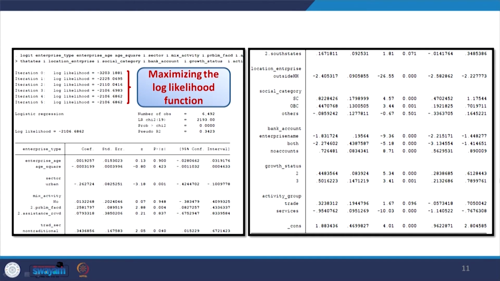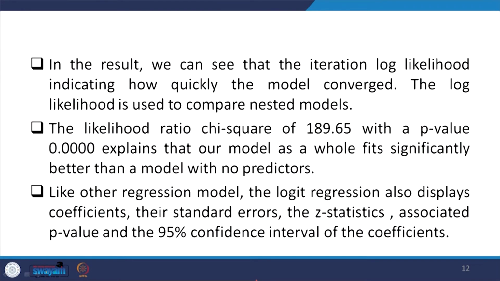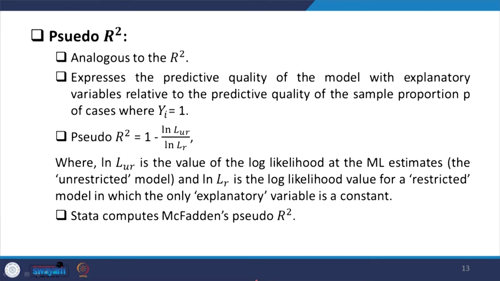Like in urban, it is significant at 1% level. First two are not significant. Then sector urban is significant. In the mixed activities also, the middle one, that is problem faced, is significant. Similarly, you can interpret other coefficients. The confidence interval values are also defined.